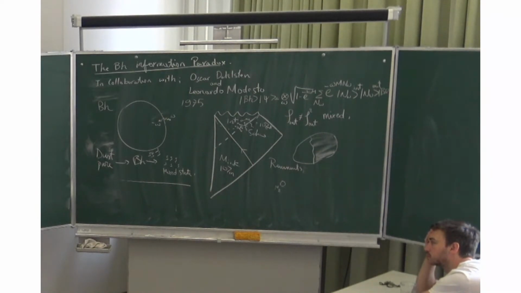And after the Page time, there are late particles. Anything which is emitted early, those are not entangled with each other, not correlated. They are still correlated with the large system. But the late ones, typically, are entangled with the early ones.